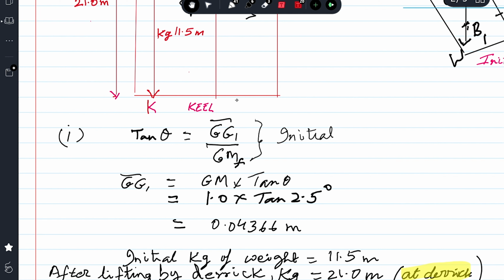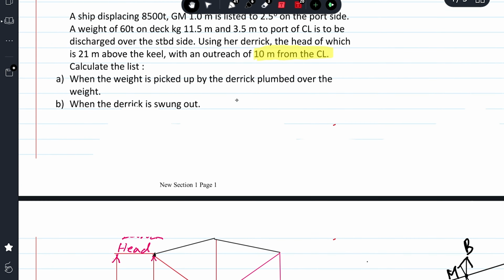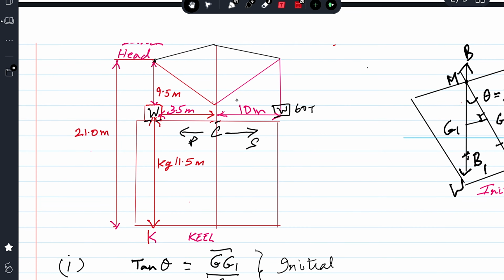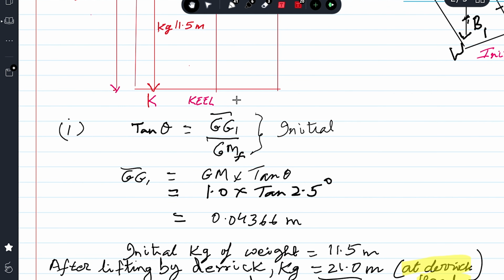GM is given, there is no free surface given in the question anywhere. They say 2.5 degree list, so there is no free surface given. So no problem with the FSC here. Otherwise, we have to apply it. Initial GM is 1 meter.